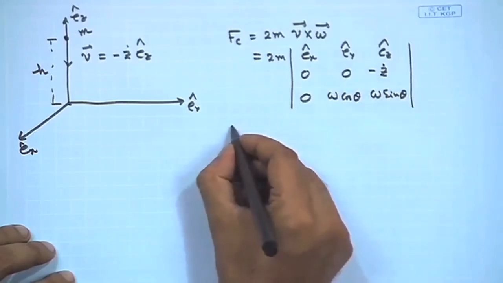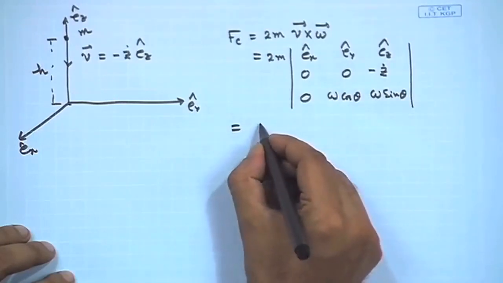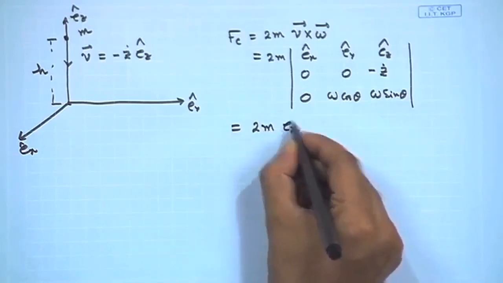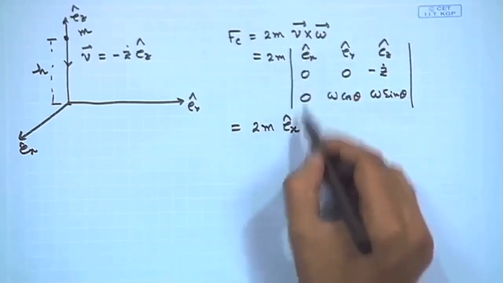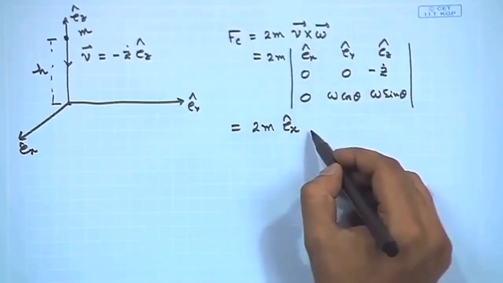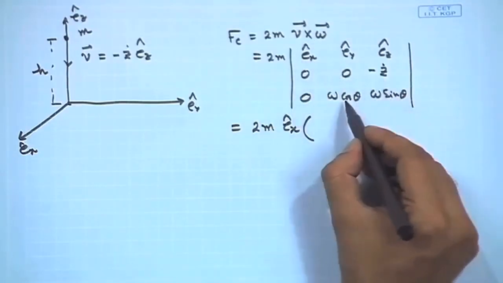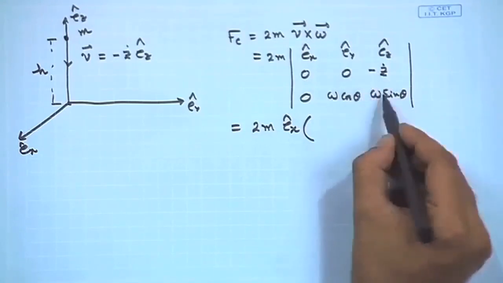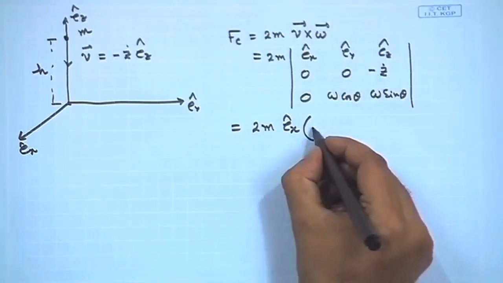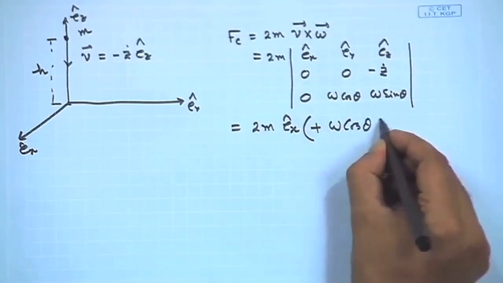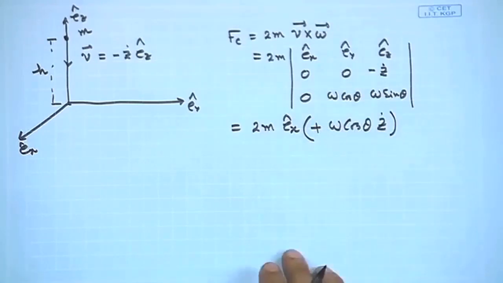We have included the minus here. If we do that, finally only the Ex component will survive, because we have a 0 column here. So, if we calculate Ex, it will be 0 minus of minus, so there will be a plus omega cos theta z dot.